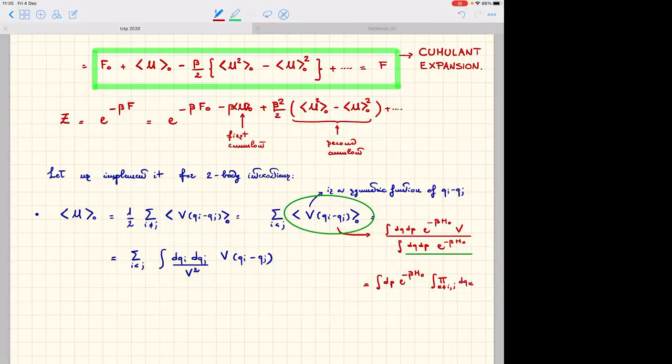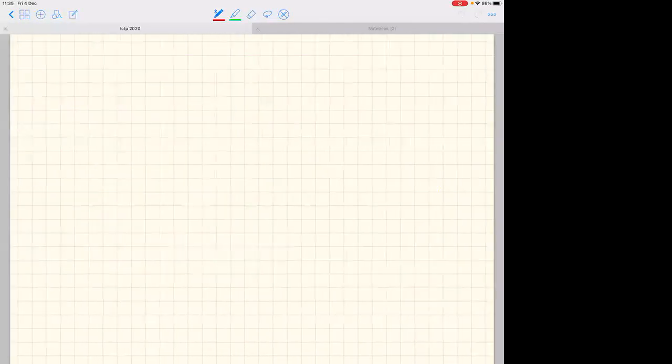Sorry, I have to do it somewhere else, otherwise you cannot understand. So let me calculate this average in the next page.